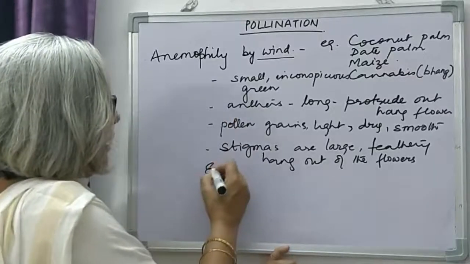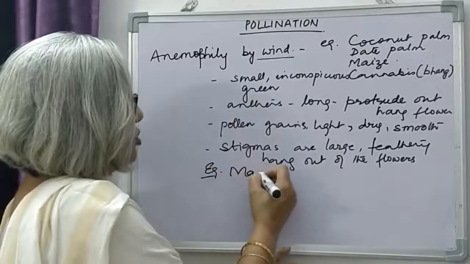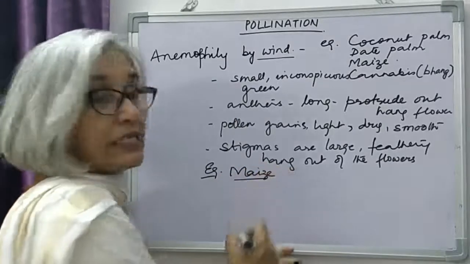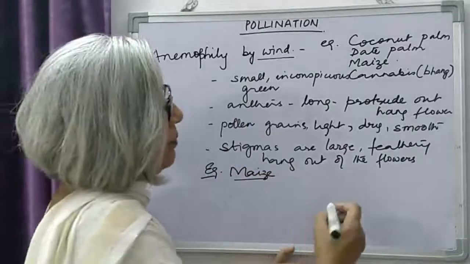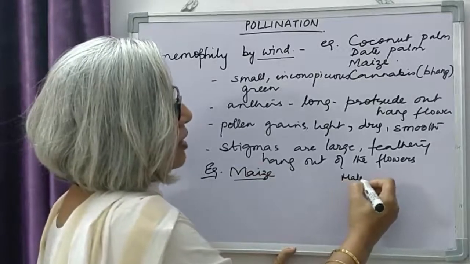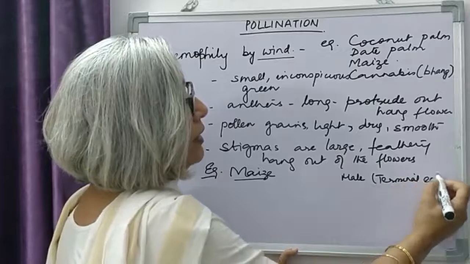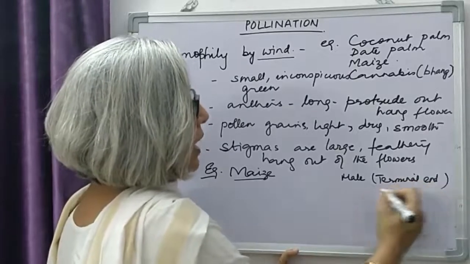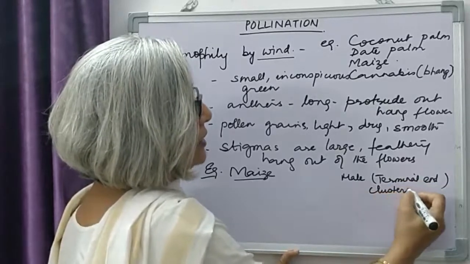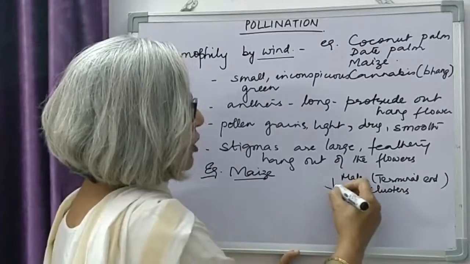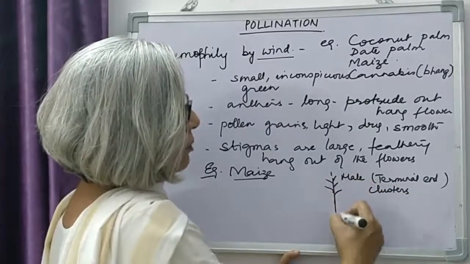Now I will take one example and explain it to you, like maize. Now in maize, what happens? The male flowers are found at the terminal end, and they are in clusters. The entire male inflorescence is at the tip of the plant.